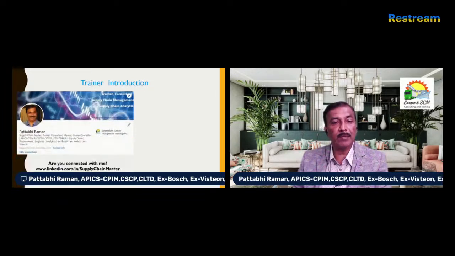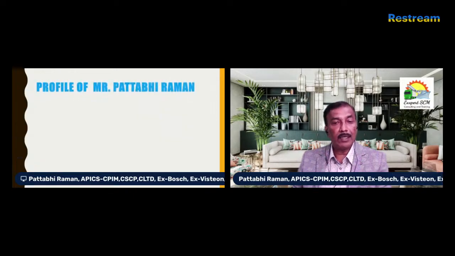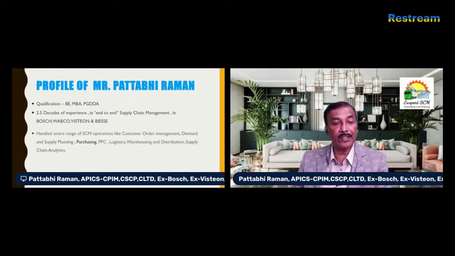My name is Pattabhiraman. This is my LinkedIn profile, and I am also on Udemy. I have nearly 2,000 candidates enrolled on Udemy. As far as my profile is concerned, I am an engineer with a PG degree in management and data science. Nearly 2.5 decades working in global organizations. I started in the planning function in Bosch, and I was working for nearly 16 years in that organization.